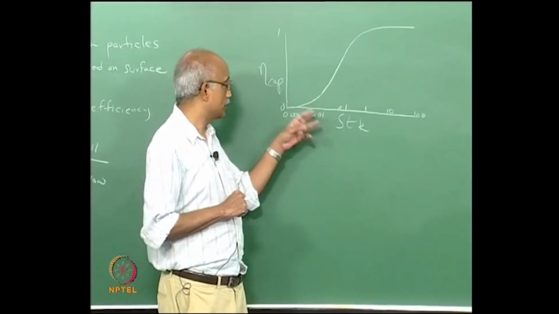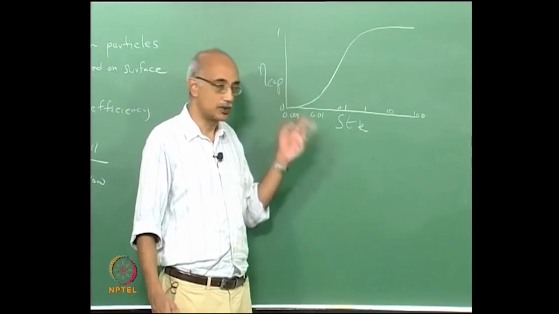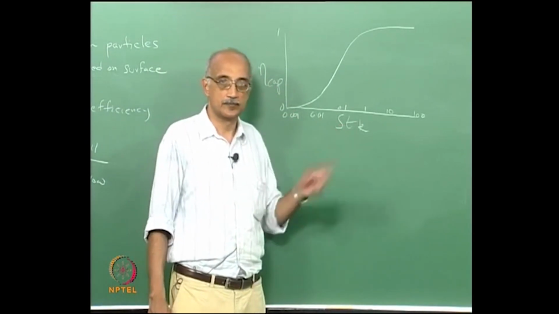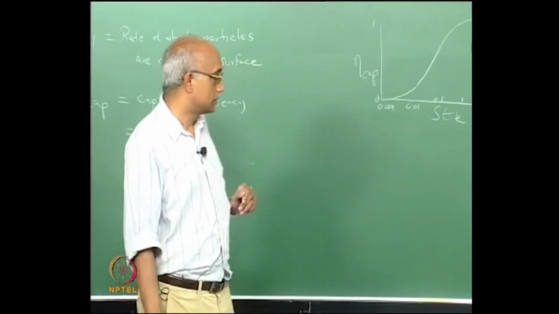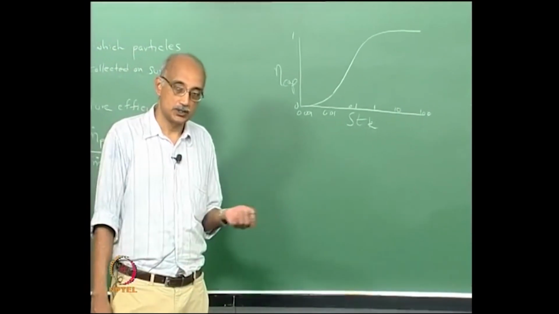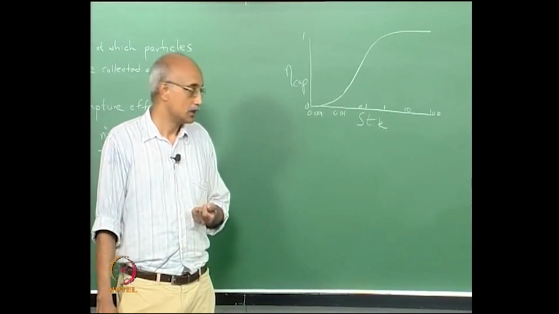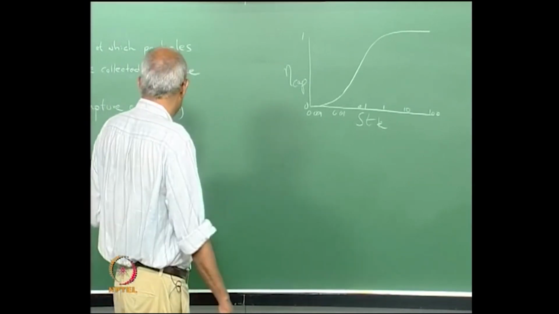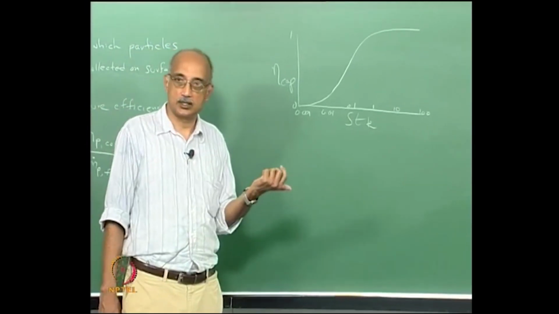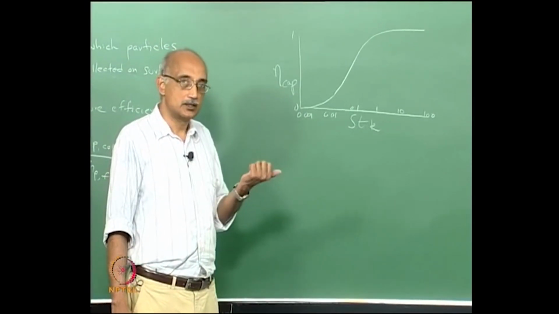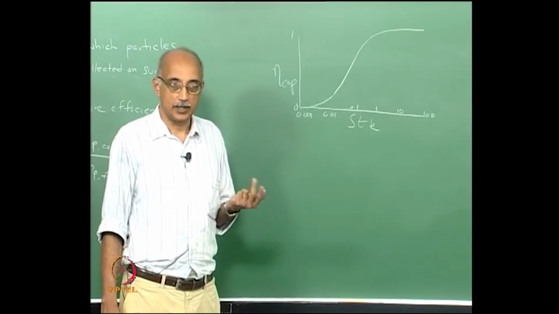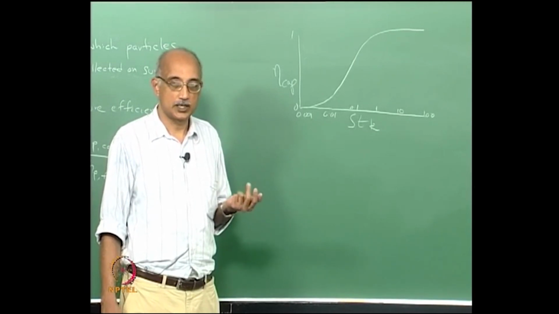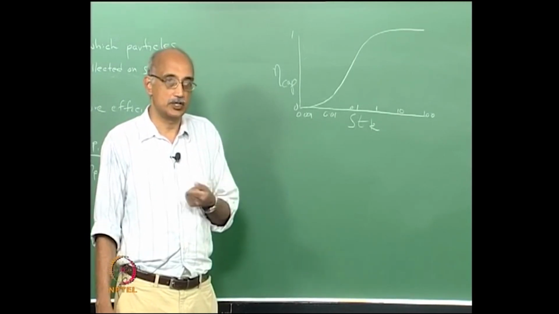So here again, if you're trying to minimize this, your approach should be to minimize this, right? If you keep the Stokes number for the problem low, then in principle your capture efficiency should be reduced as well. How do you reduce Stokes number? Going back to the equation we had written earlier, you either reduce S or you increase D, right? But is that a good strategy? What does it mean when you increase D?